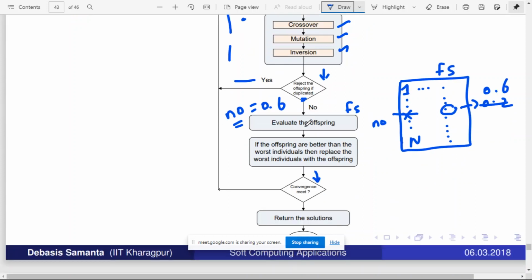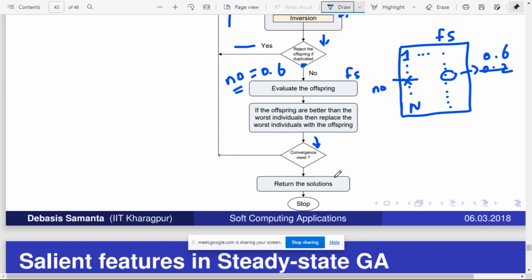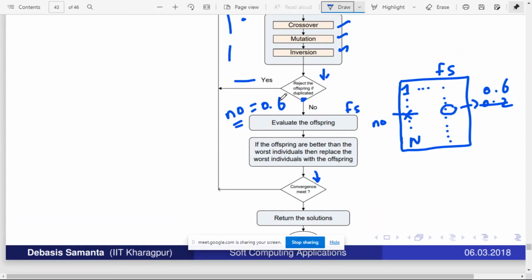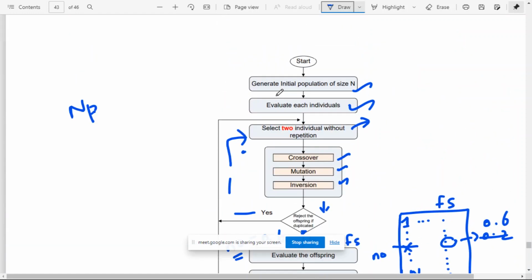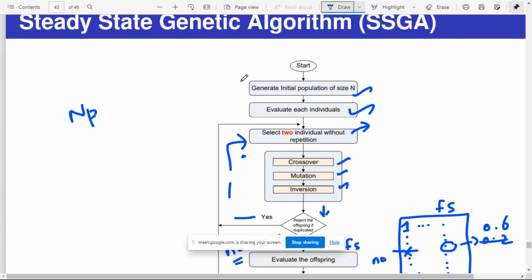If it is not a duplicate, then evaluate its fitness score, and if its fitness score is better than the fitness score of the worst individual, then replace the worst individual with this new offspring. Then check whether convergence is met or not. If convergence is met, then return that as a solution and stop. Otherwise, repeat this process. So this is how the steady state genetic algorithm works.